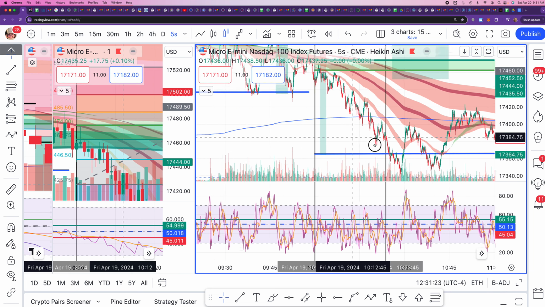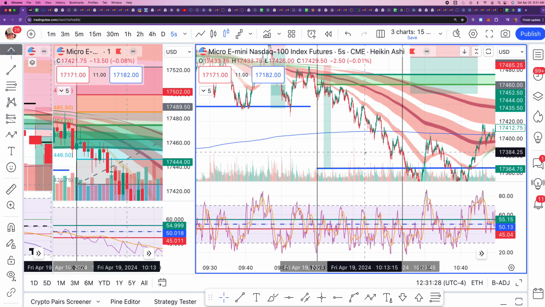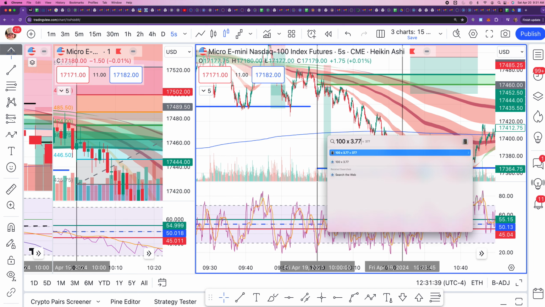So again, I have 18 accounts right now. I have to activate them; they'll renew. So basically, $100 times 3.77 is $377, times 18. You're looking at a win on that one.